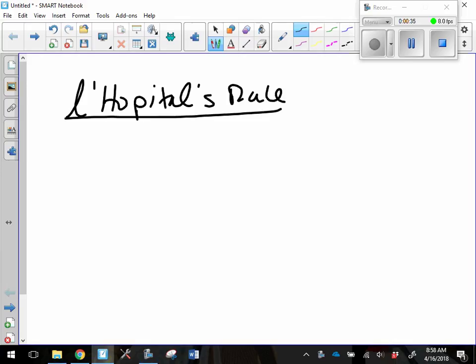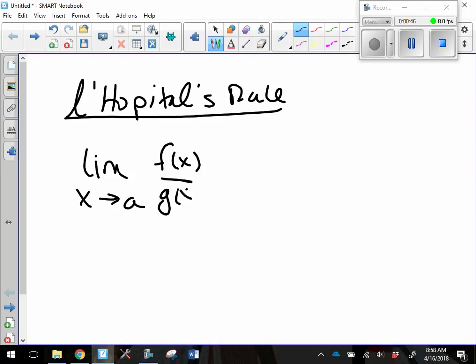So, L'Hopital's rule. Remember that what we have is some limit. We've got two functions, and that is equal to either 0 over 0 or plus or minus infinity over plus or minus infinity.